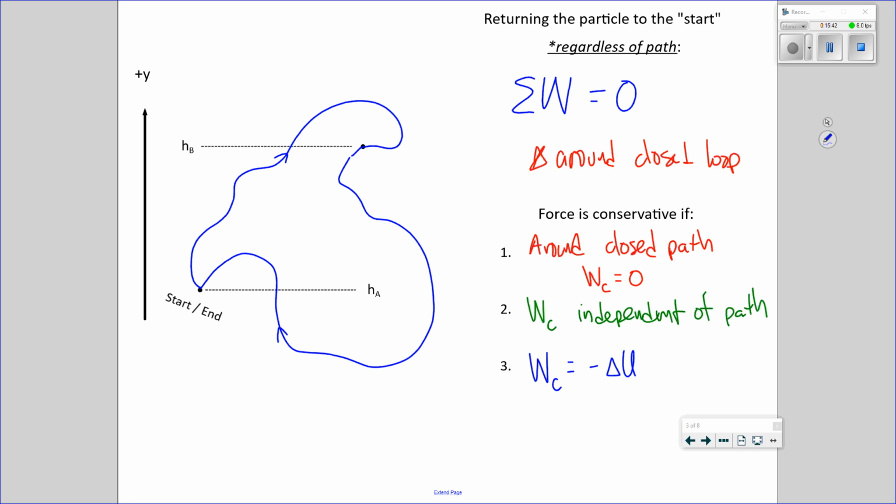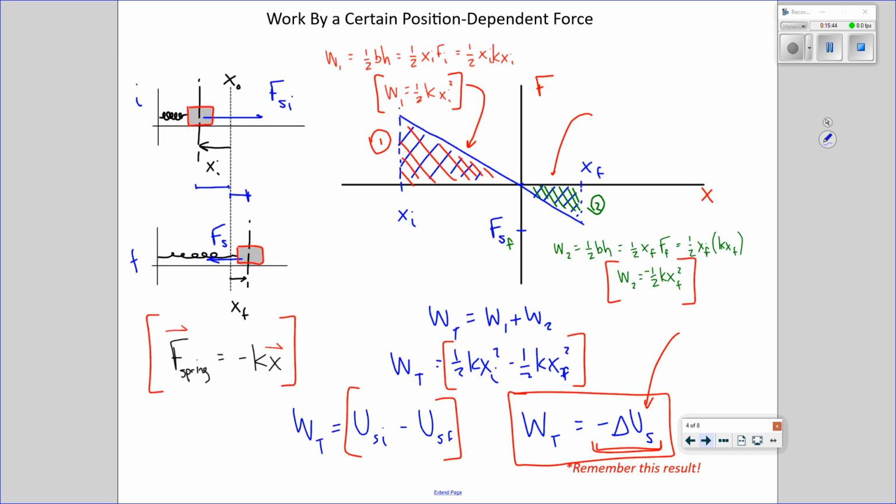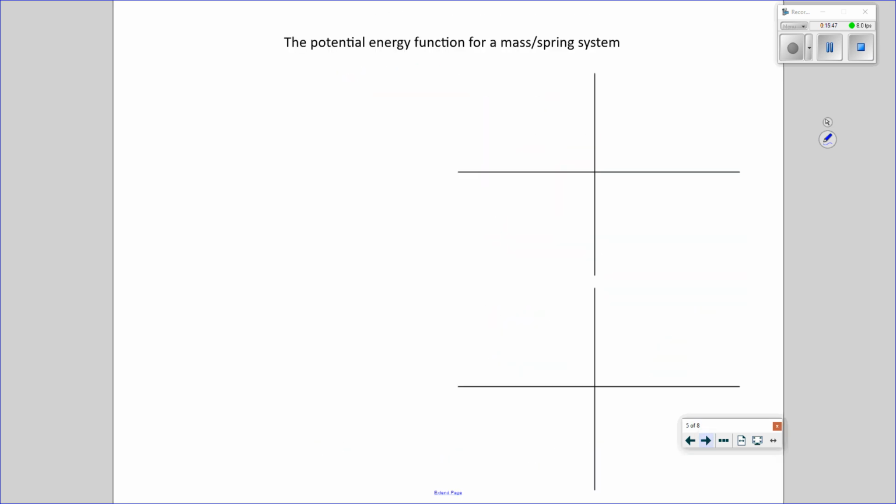Okay? Now, let's do a derivation of the potential energy function of a mass spring system. And we're going to use this definition of a conservative force to do that.